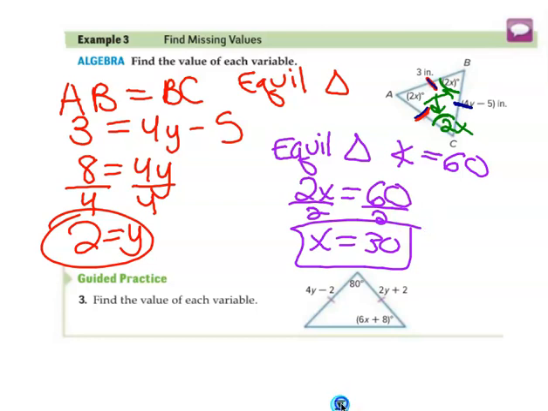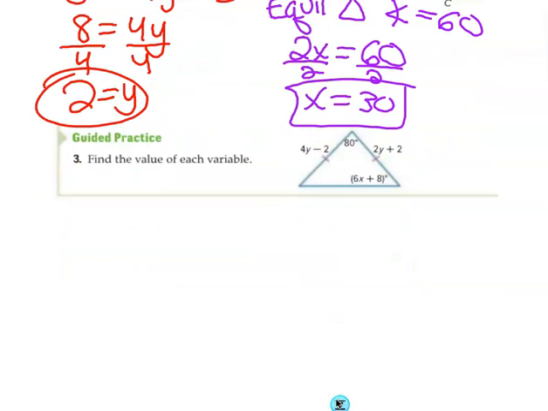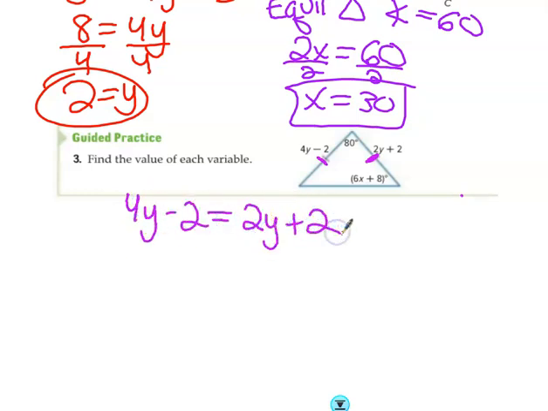Find the value of each variable for the next one. Again, the same type of idea. These two both have a dash, so that means they're equal to each other. So I can make the equations equal to each other. Those are the legs of the isosceles triangle.